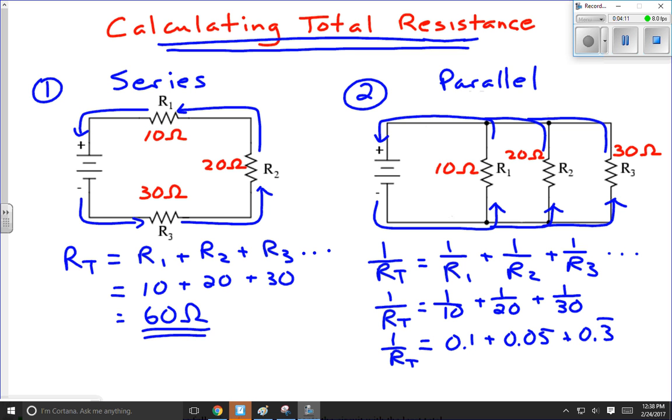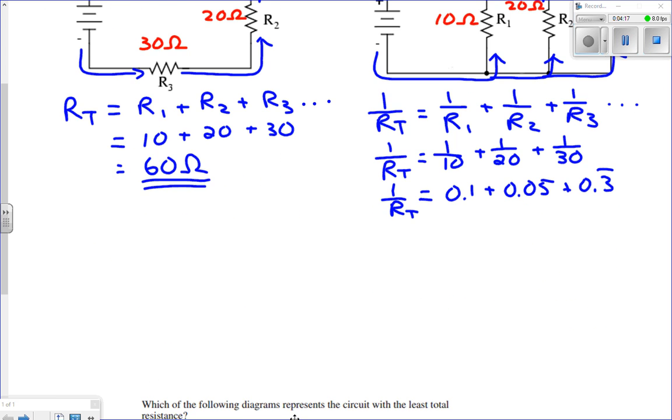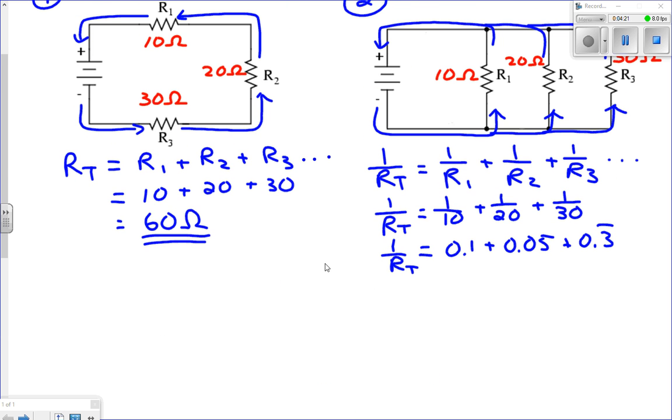So if I add all of these up, then 1 over my total resistance is equal to 0.1 plus 0.05 plus 0.03 repeating is 0.183 repeating.